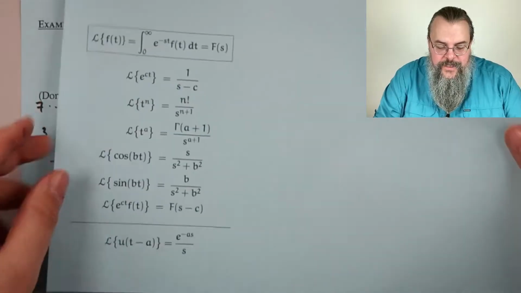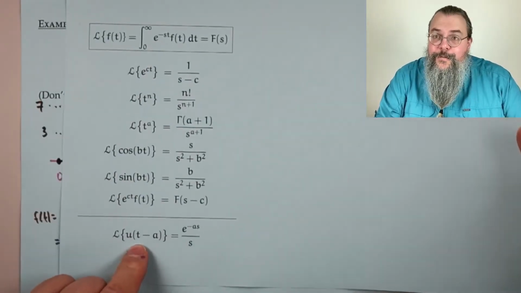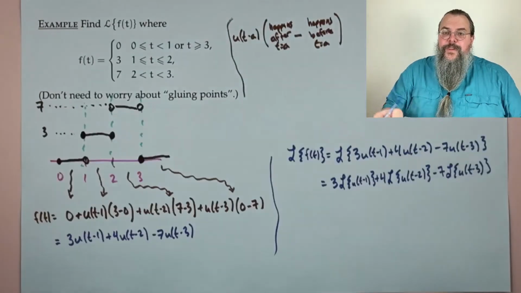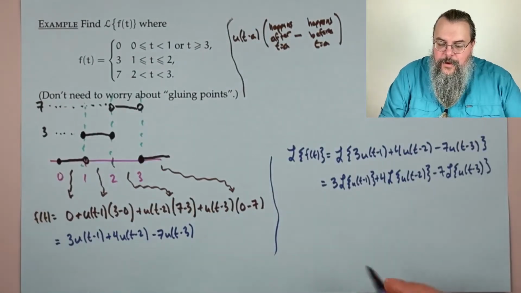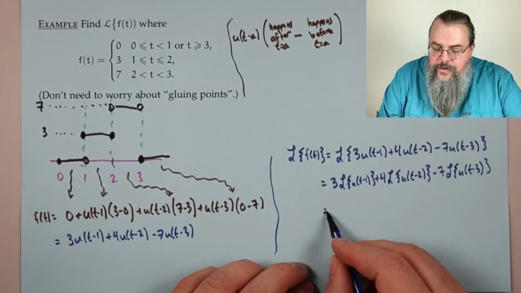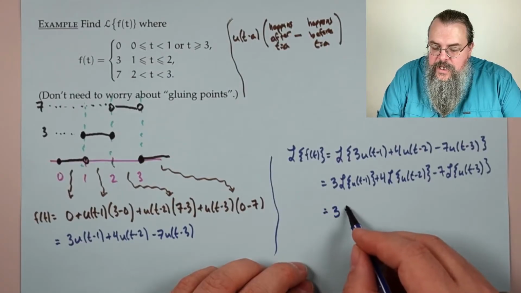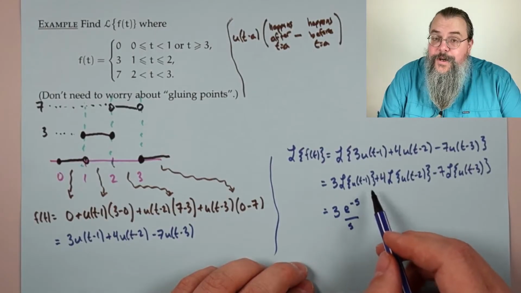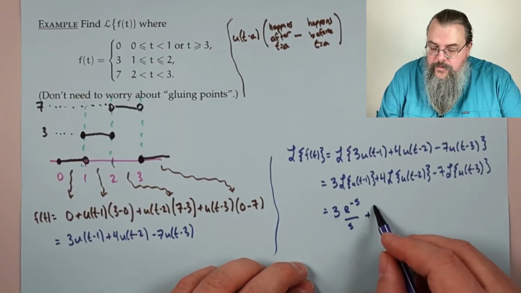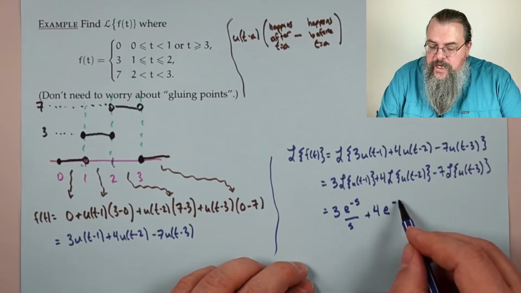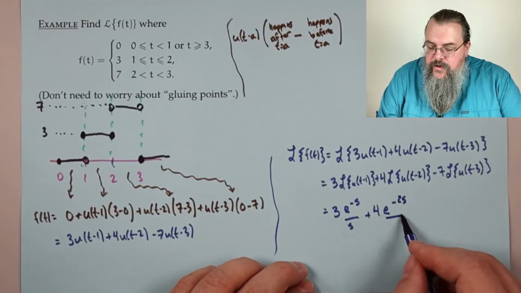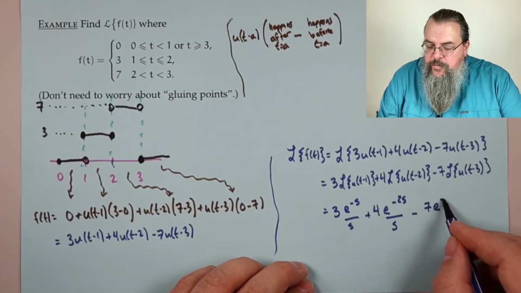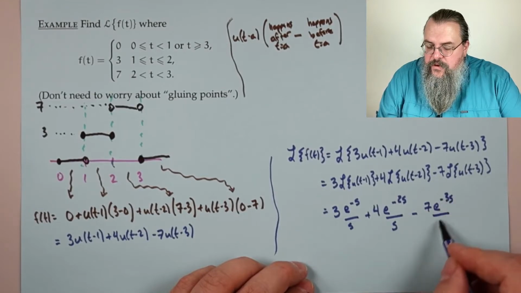We grab our sheet and say, hey, I know how to do u(t minus a): e to the minus as over s. So in this case, what do we get? We'll get 3 times e to the minus s over s, because here a is 1, plus 4 e to the minus 2s over s, minus 7 e to the minus 3s over s.